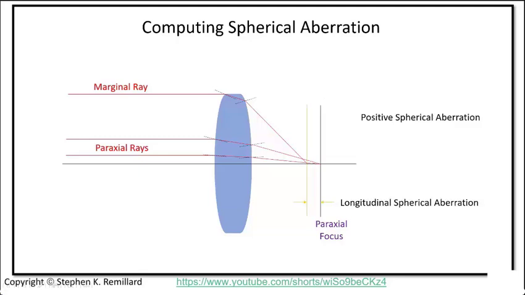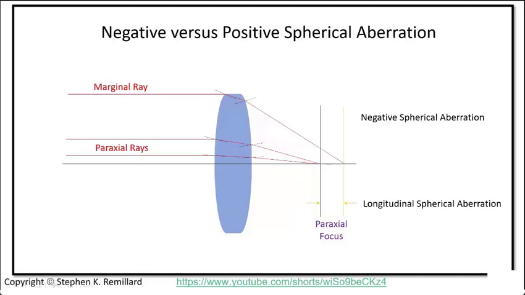The distance between the focal point for paraxial rays and the marginal ray is the longitudinal spherical aberration, and it could be either in front of or behind the paraxial focus. If the longitudinal spherical aberration is behind the paraxial focus, it's referred to as negative spherical aberration. And that's typically the case for a diverging lens. A converging lens will usually have positive spherical aberration, though not always.